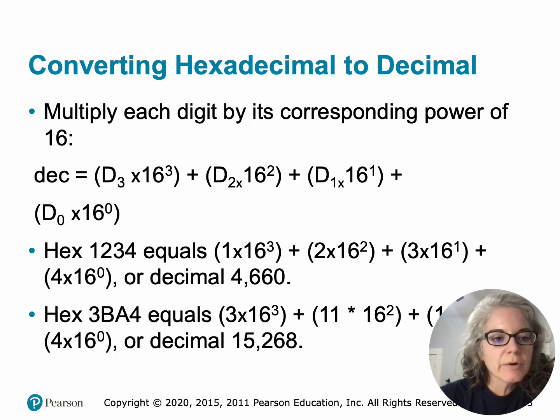Okay, the next thing we're going to look at is converting hexadecimal numbers to decimals. So again, a hexadecimal number is a base 16 number, and it's the numbering system that we use for addresses.